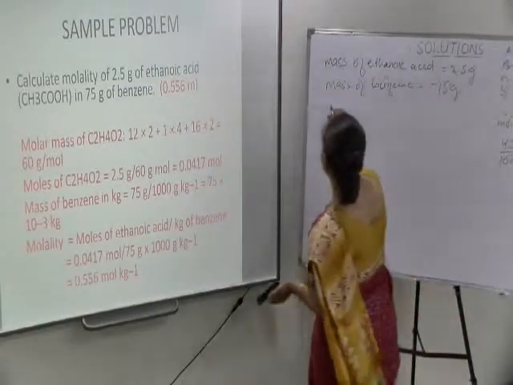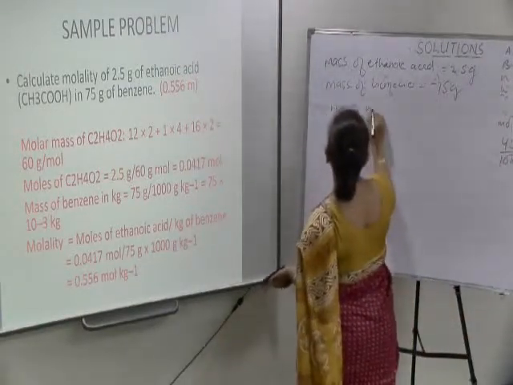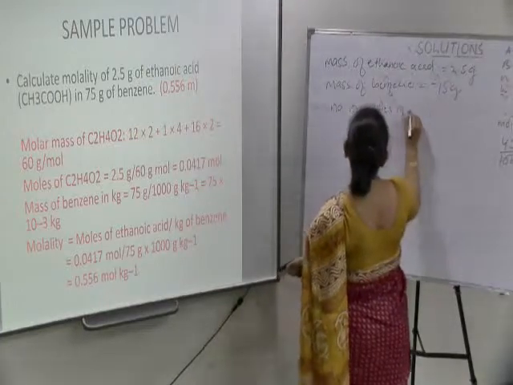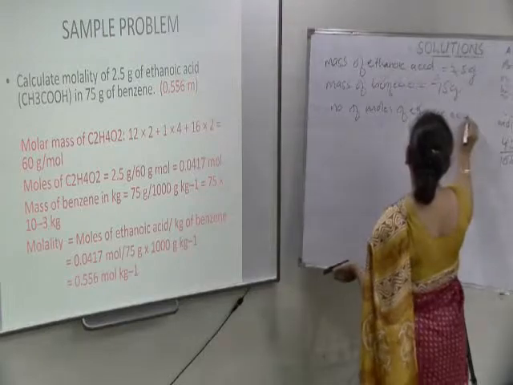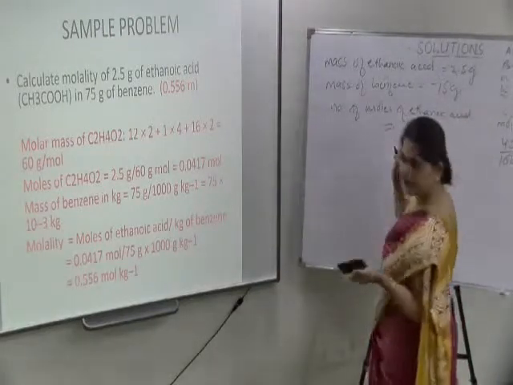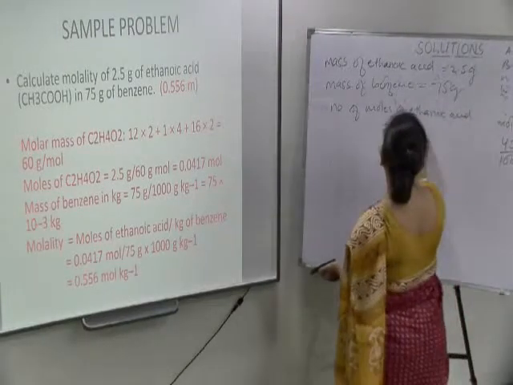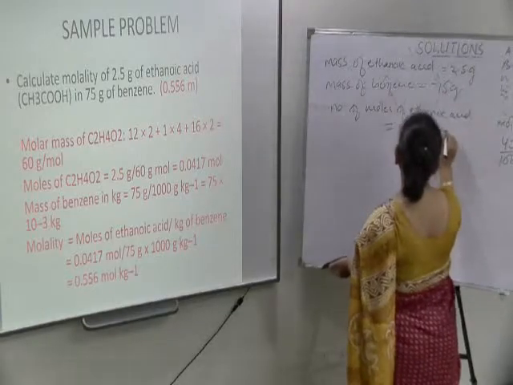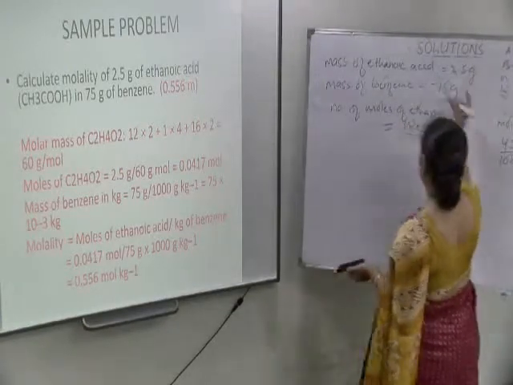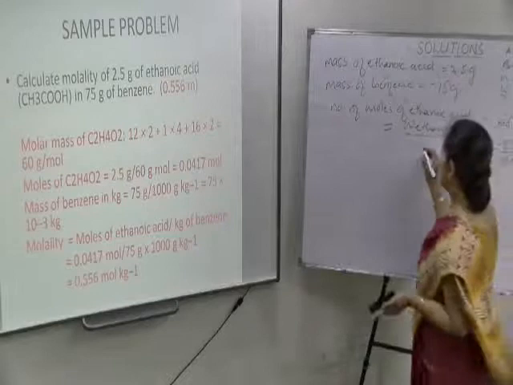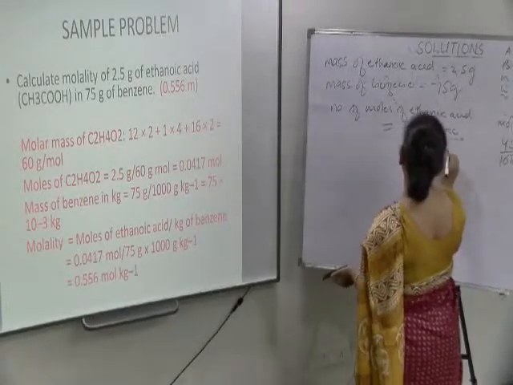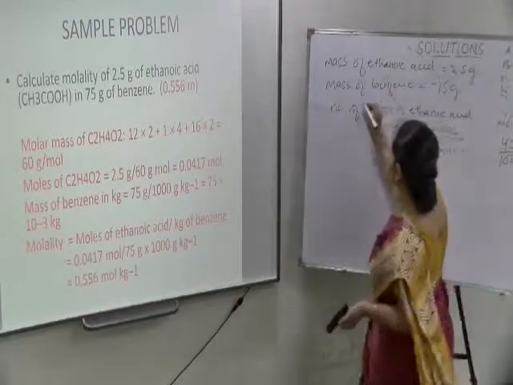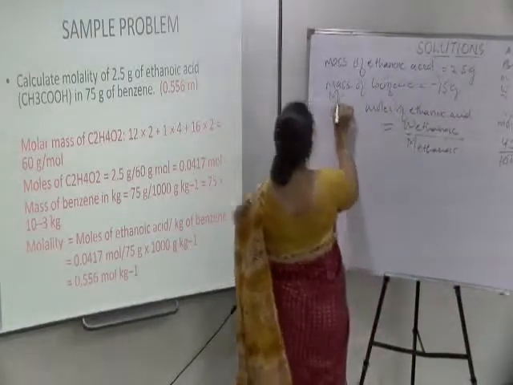Now we know for molality we require the number of moles of ethanoic acid. And the number of moles of ethanoic acid is the given mass of ethanoic acid, which is 2.5 gram in this case, upon the molar mass of your ethanoic acid. You need to calculate the molar mass of ethanoic acid.